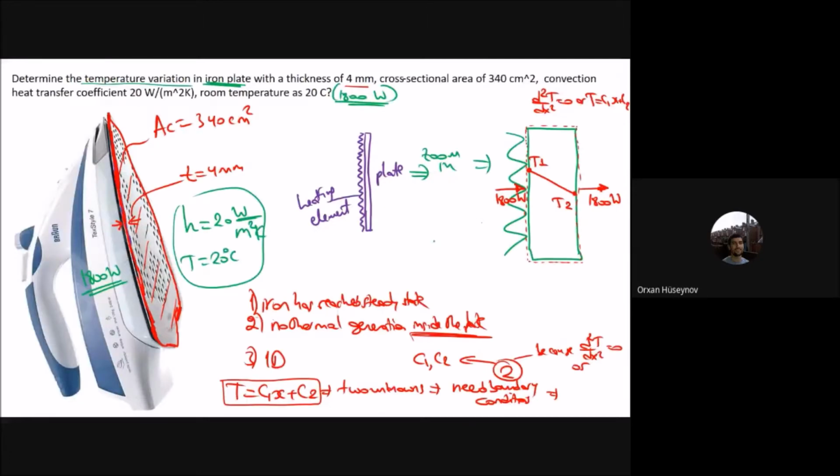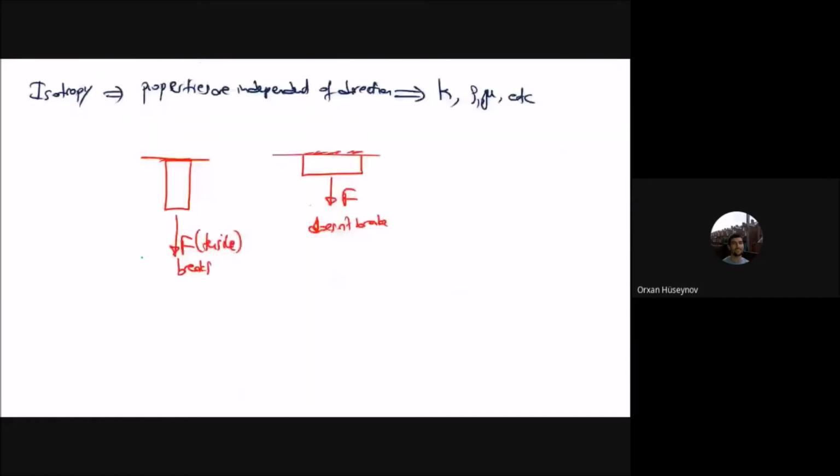For example, the k value is given for the material here, the iron plate. The k value for the iron is not given, but I think you should have the table for the metals in the previous slides.